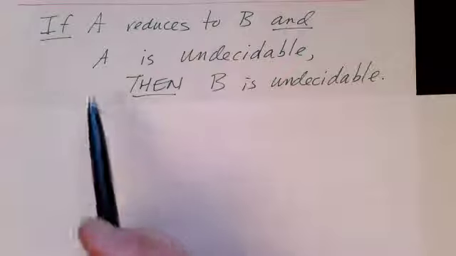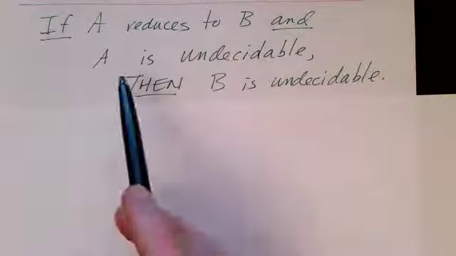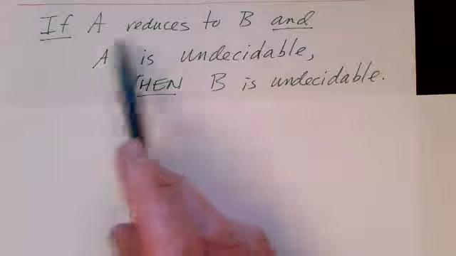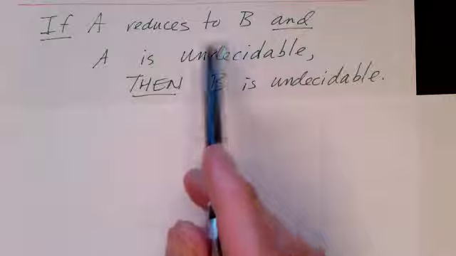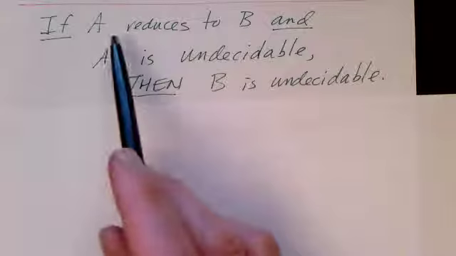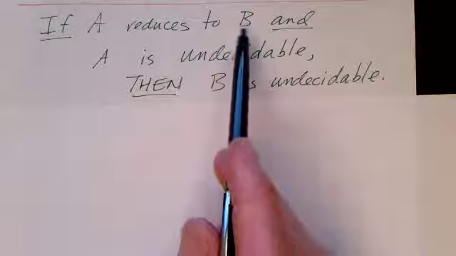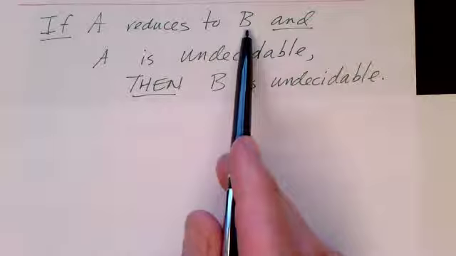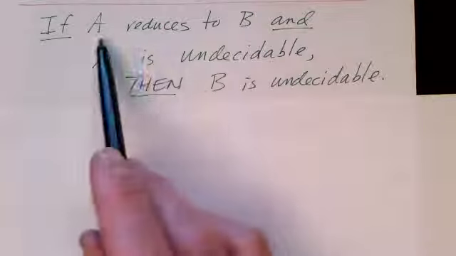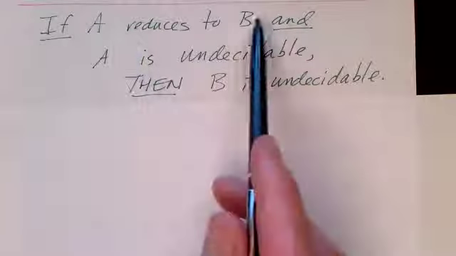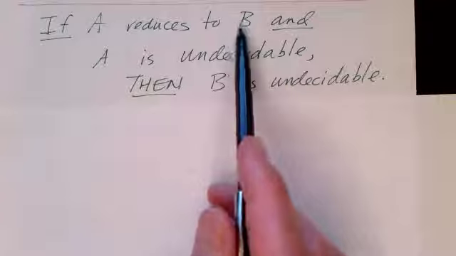So here is what we have used this technique of reduction for so far. If A reduces to B and A is undecidable, then we can conclude that B must also be undecidable. Remember, this is the acceptance problem for Turing machines, and this was the emptiness problem for Turing machines.